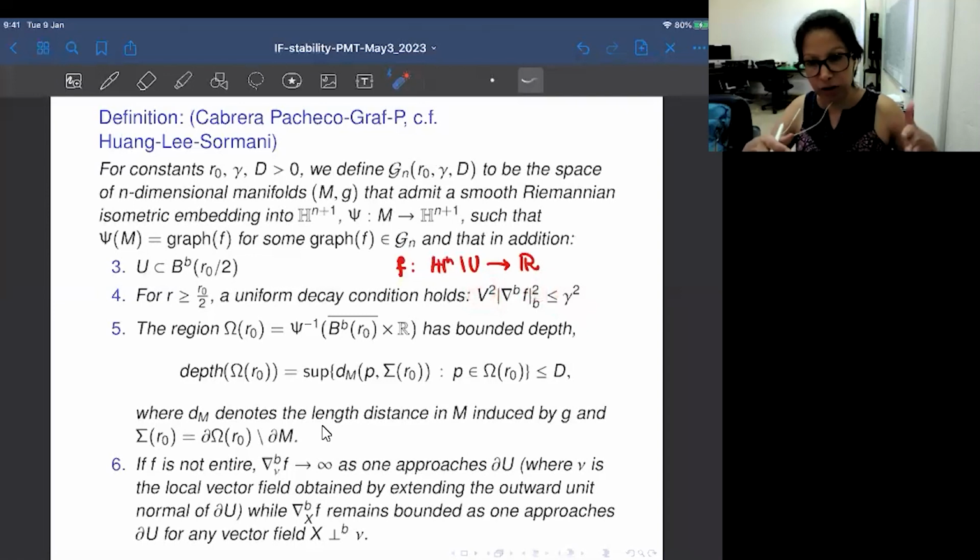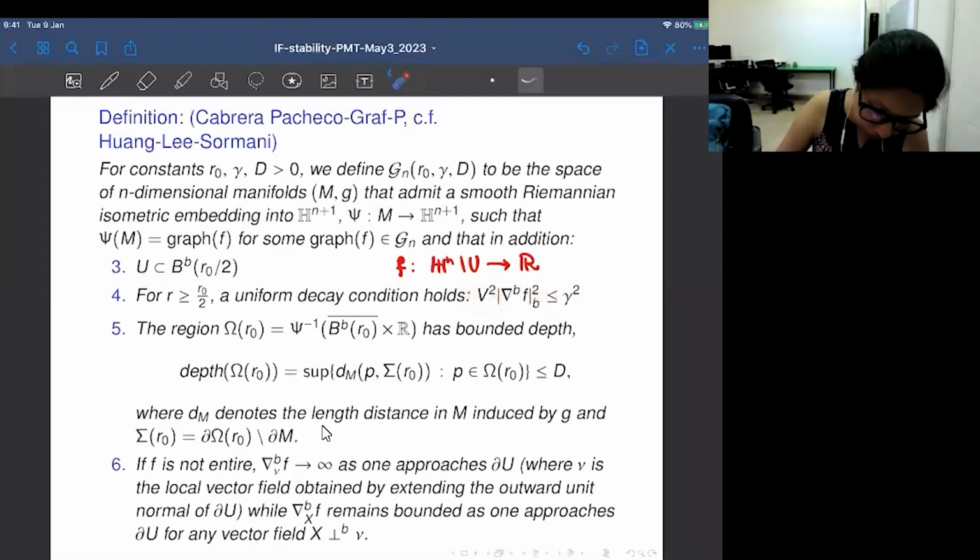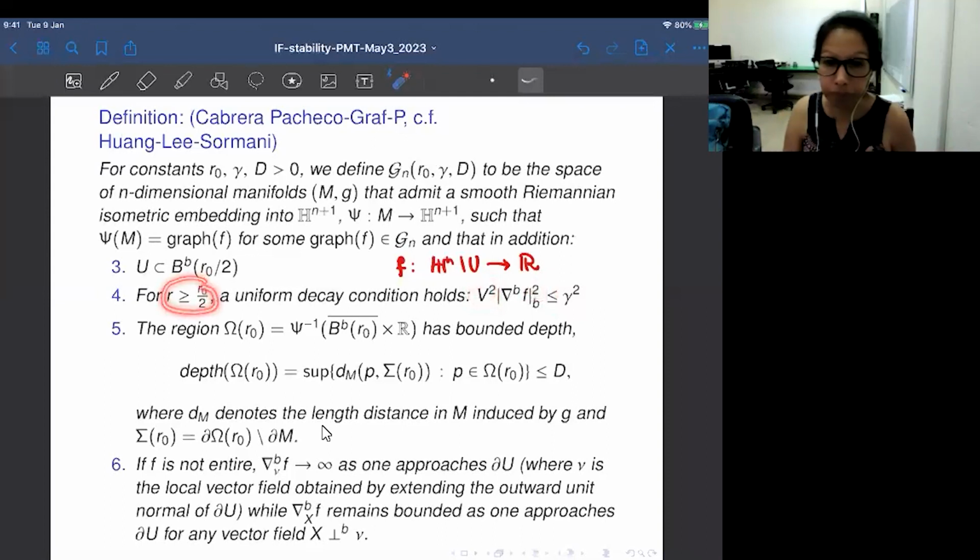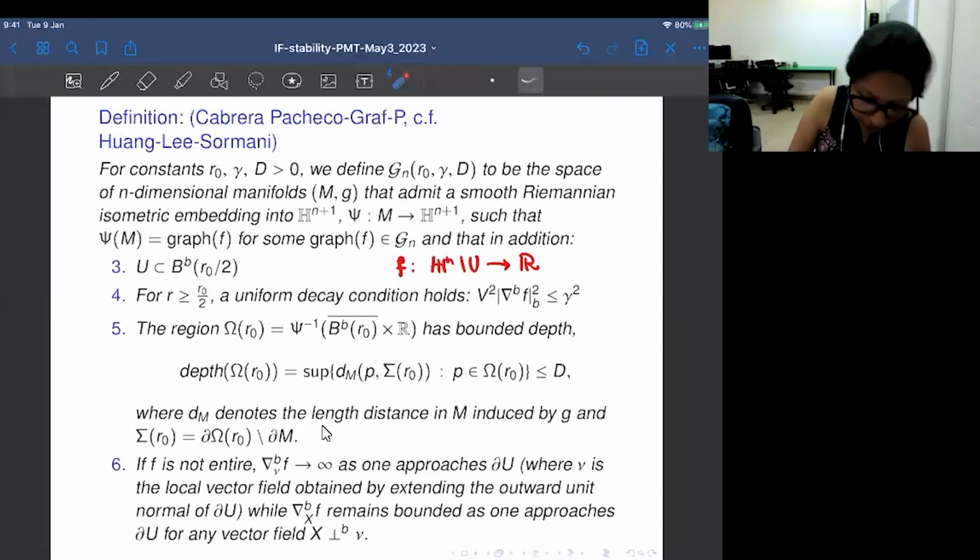This is going to give us a Lipschitz decay condition outside of this ball. And one more condition that we need to study the interior of our manifold, or actually what happens in our manifold in this region, is the following.